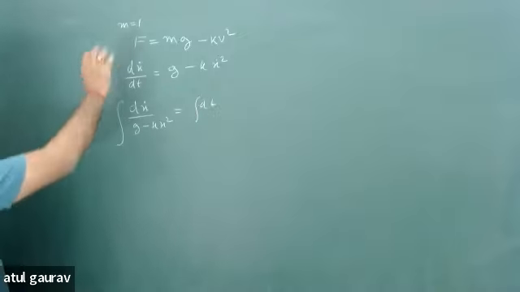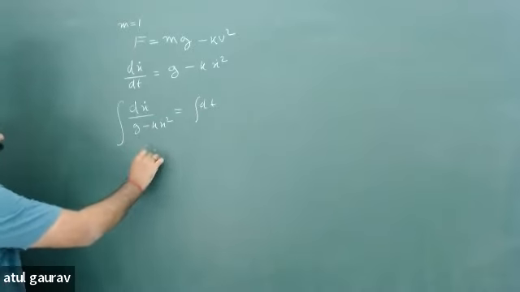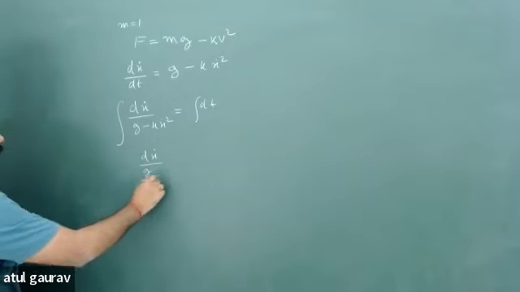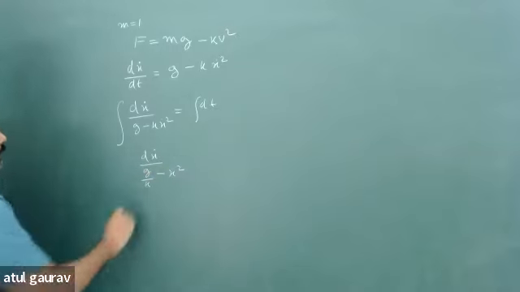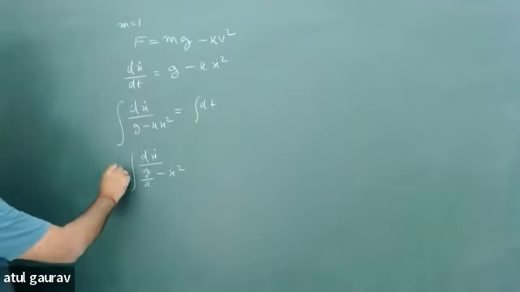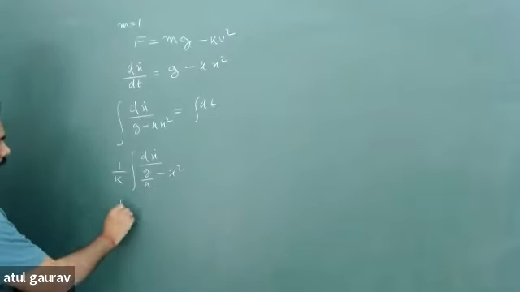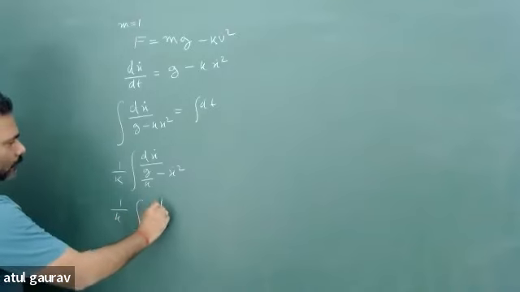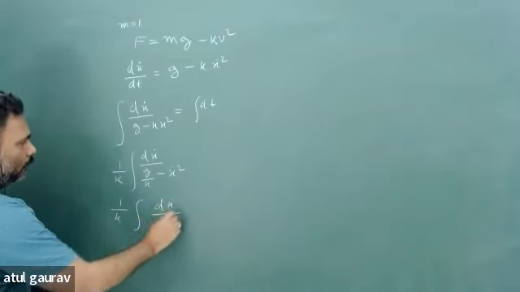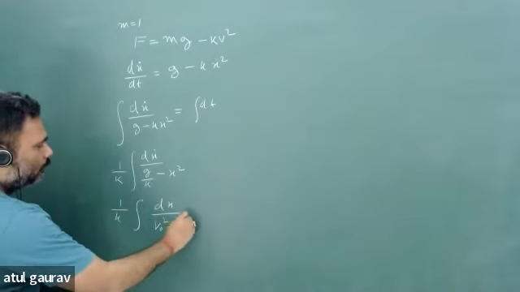We can take m is equal to 1 unit. So I can write this as d(x dot) upon, let's say, g upon k minus x dot square, and we can take 1 upon k as common. This is a little bit interesting integration. So we have d(x dot) upon something, v naught square minus x dot square.